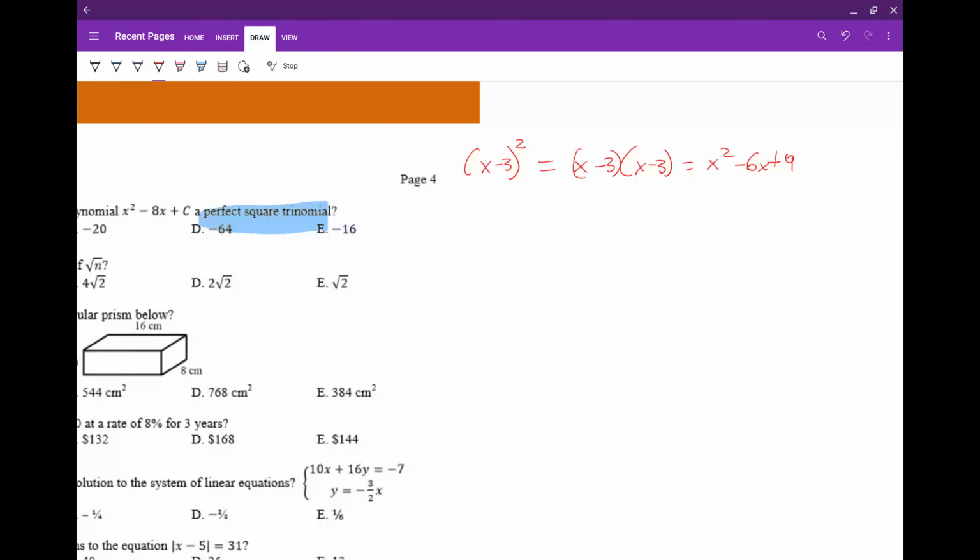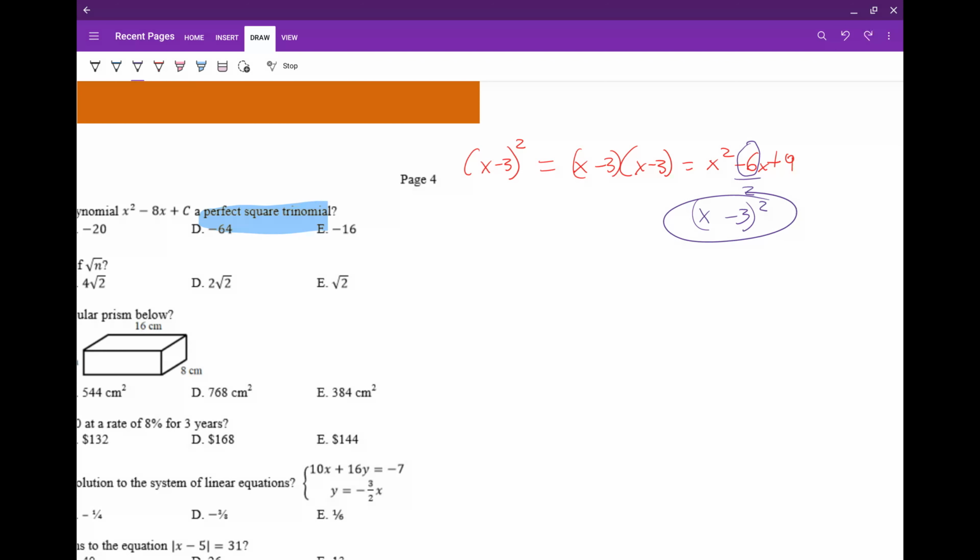Now, the speciality of perfect square trinomials, other than the fact that you can just factor it like that, is there's an easy way to find out many things from it. If you knew it was a perfect square trinomial, what you would do is take your b value, -6, divide that by 2, -3. Then you stick an x in front of it, x minus 3 to the power of 2. That is going to be equal to that.